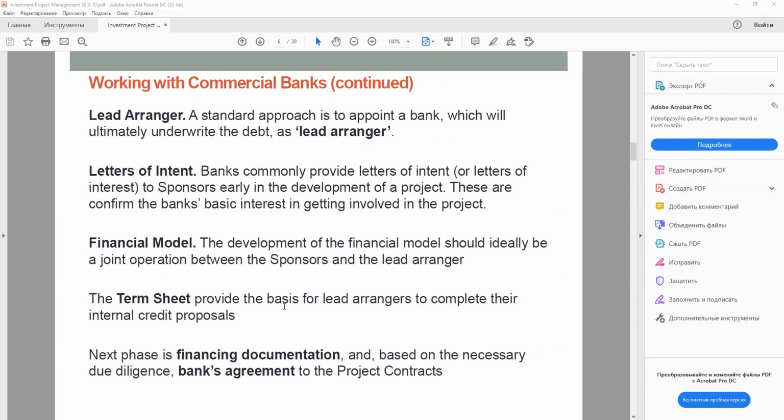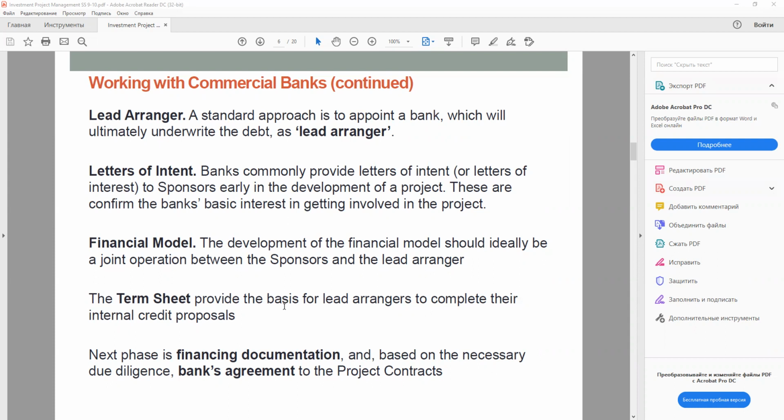A wider banking relationship with one or more of the sponsors is often another element in the decision. Lead arrangers' fees are predominantly based on a successful conclusion of the financing, although there may be a small retainer, and advisors' and other out-of-pocket costs such as travel are usually covered by the sponsors.